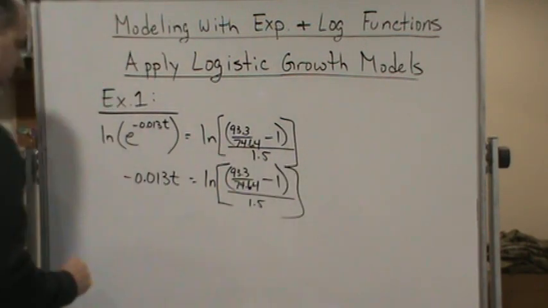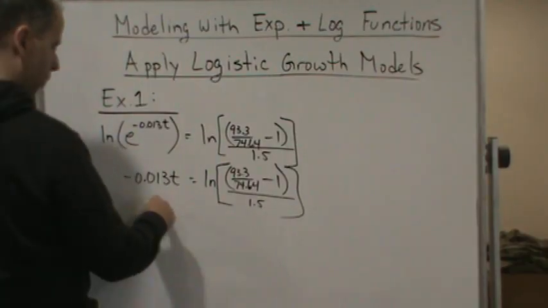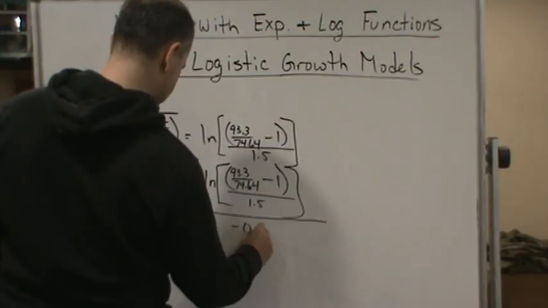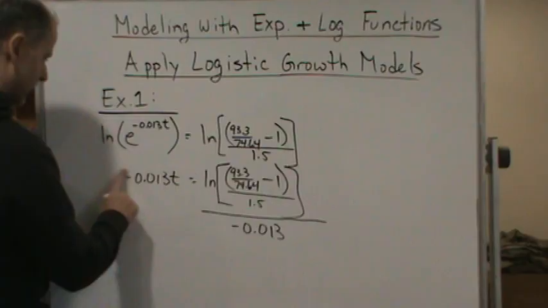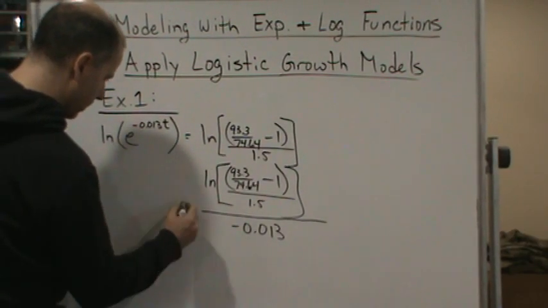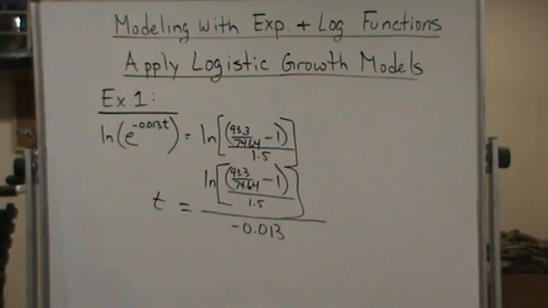Okay, so there's that. And now I'm just going to divide both sides by negative 0.013. And now that's my t value. So that's time, right? So all of that is equal to t.